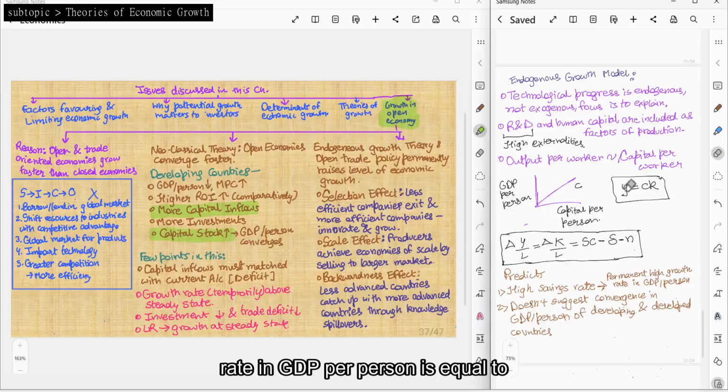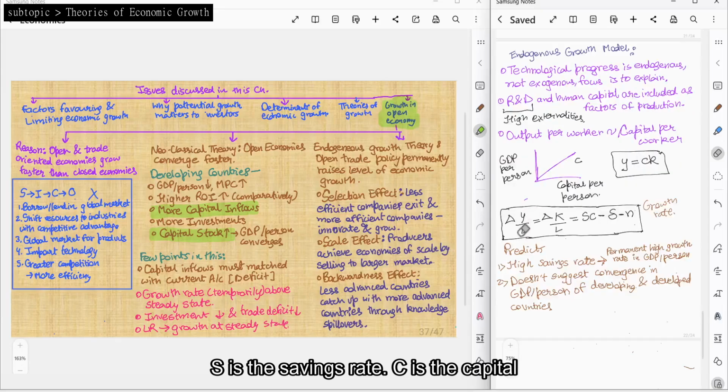Here, the growth rate in GDP per person is equal to the growth rate in capital per person, which can be calculated by this formula. S is the savings rate, C is the capital per person. This variable represents the depreciation rate in the economy and this represents the growth rate of the labor force.